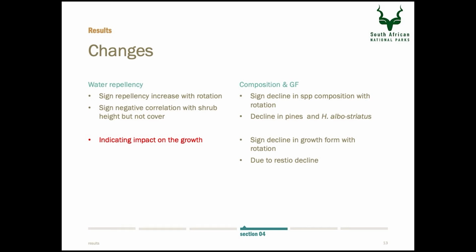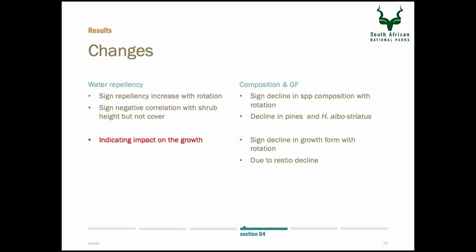We also looked at water repellency, because we know that water repellency is a factor in areas that have been under pine plantation, and repellency affects erosion and wettability of the soil. What we found was a significant increase in water repellency with the number of planting rotations.